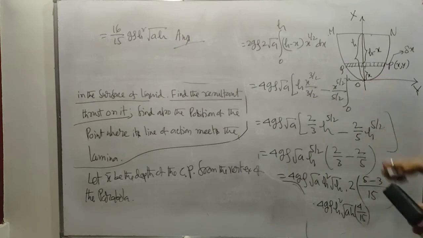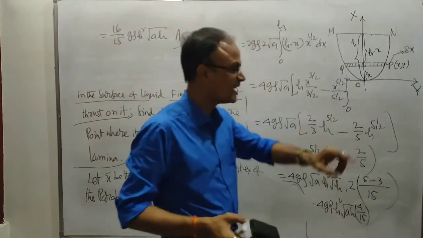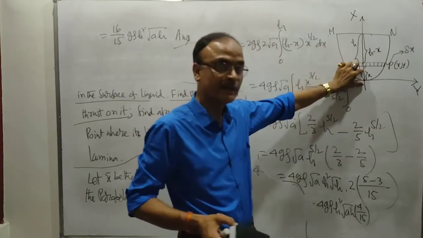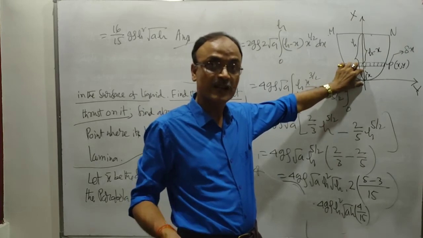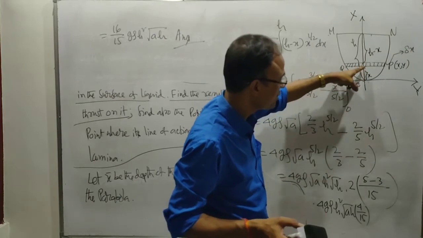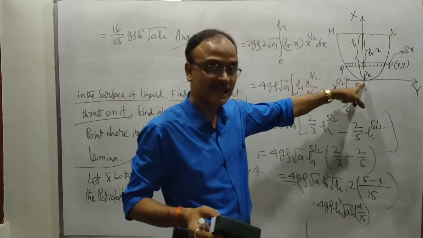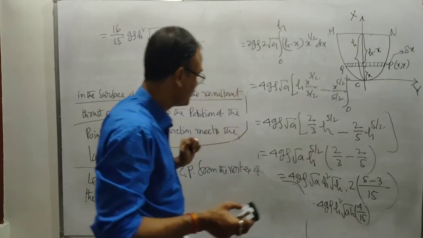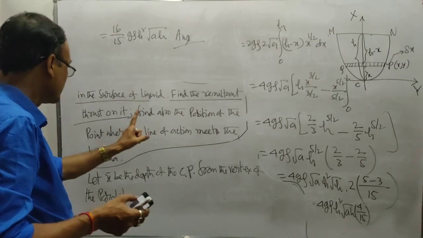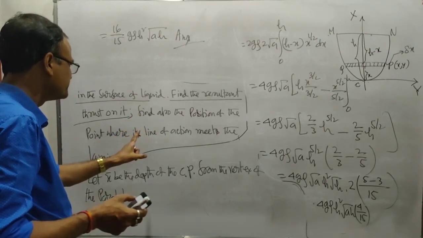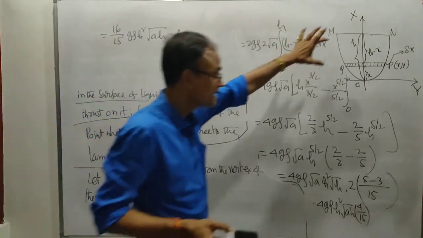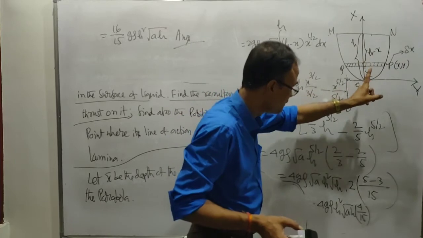From this point O, we will find x bar, the distance from the y-axis. This distance will be evaluated. As soon as we evaluate x bar, the distance of the center of pressure from the vertex, the position of the center of pressure from the effective surface will be equal to h minus x bar.